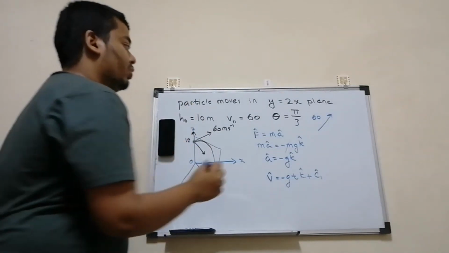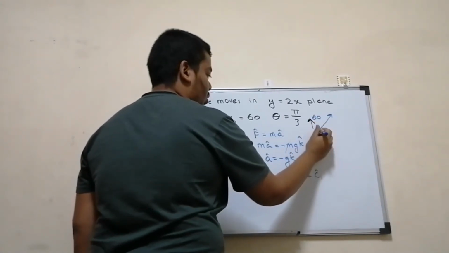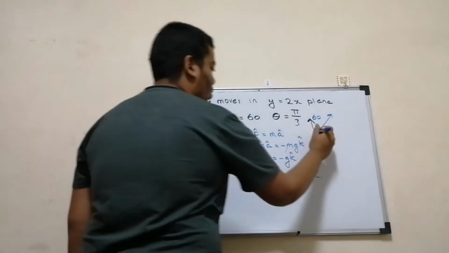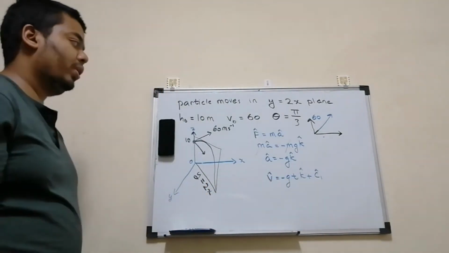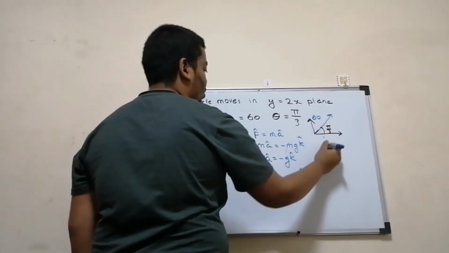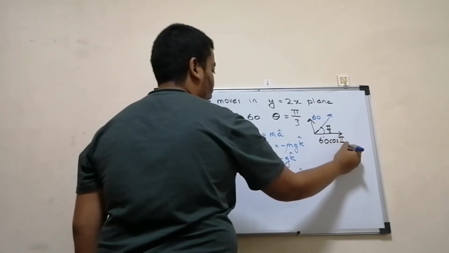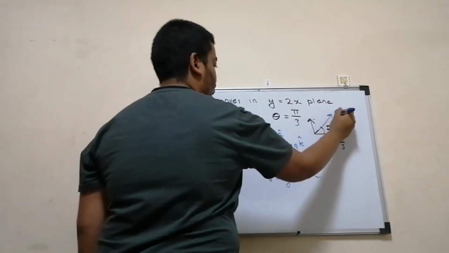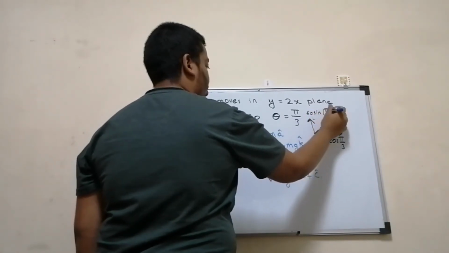The vertical component is parallel to the z-axis, and the horizontal component is parallel to the y is equal to 2x plane. As the angle of elevation is pi upon 3, the horizontal component will be 60 cos pi upon 3, and the vertical component will be 60 sine pi upon 3.